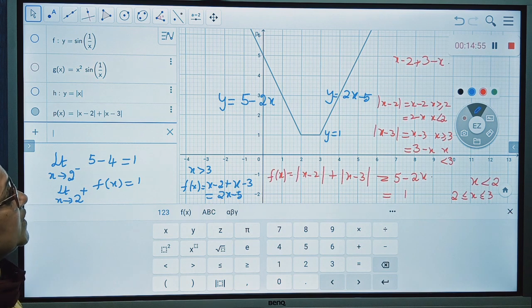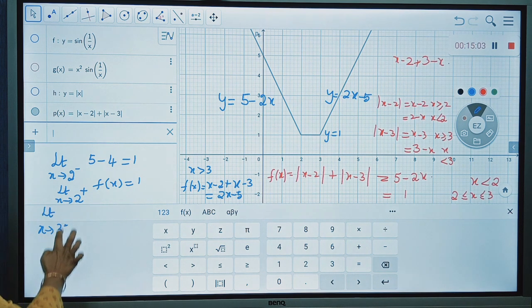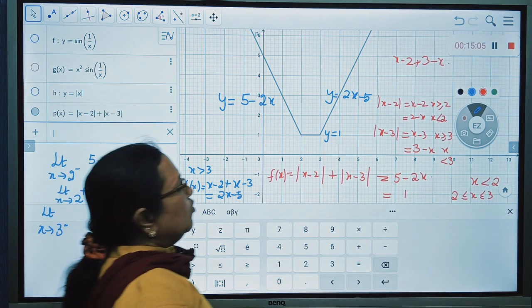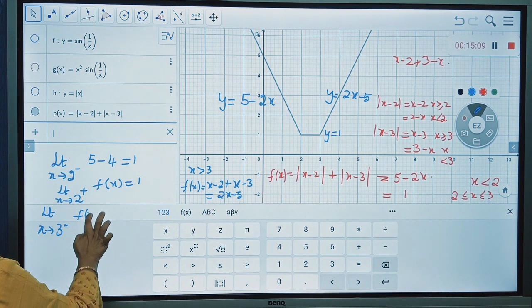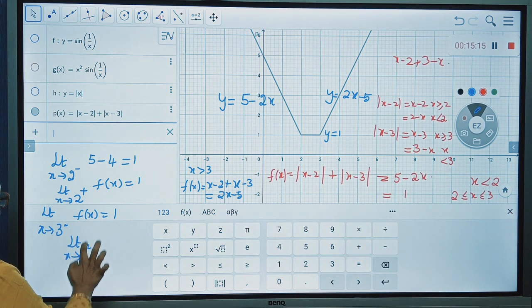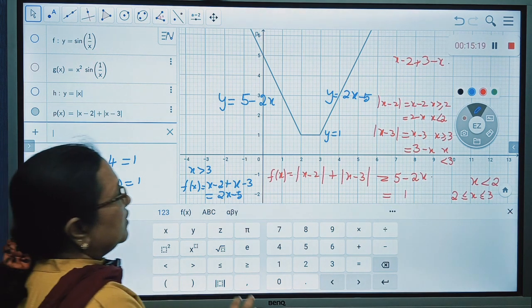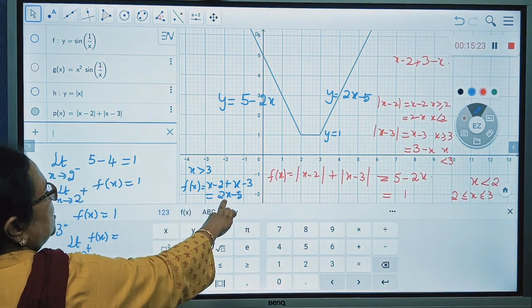What happens at x equal to 3? Limit as x tends to 3 minus: when I say 3 minus, what is the function? I will have f of x equal to 1. What will be the limit as x tends to 3 plus of f of x? When x is greater than 3, we have 2x minus 5.